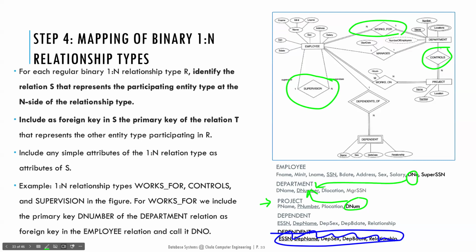See that? Okay. And then finally, we do the supervision. Because supervision is recursive, right? So then that's why I have the super SSN here, which links to itself. See that?